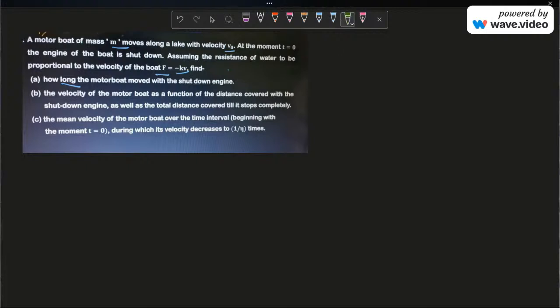F is equal to minus k times v. Now I have to make the final velocity equal to 0, right? m times dv by dt, which is acceleration, is equal to minus k times v.